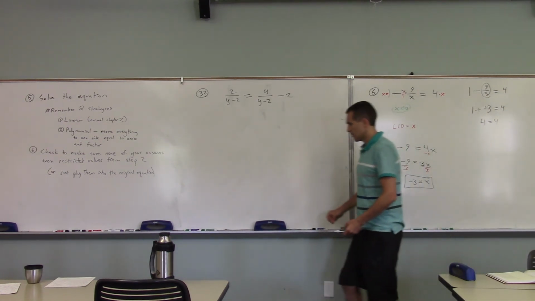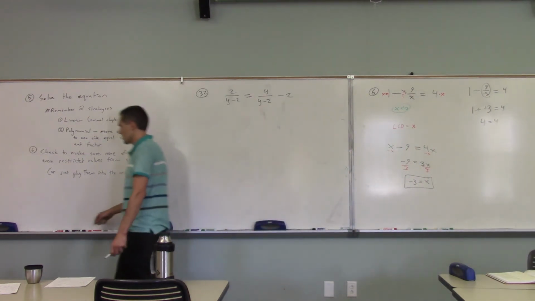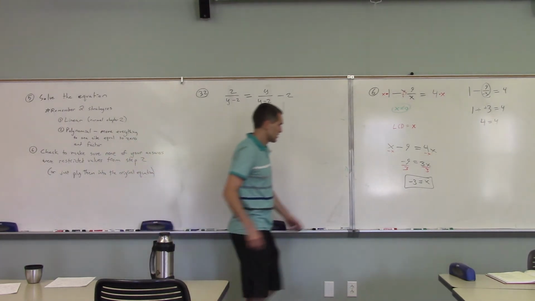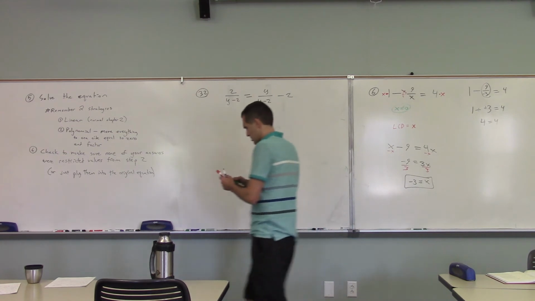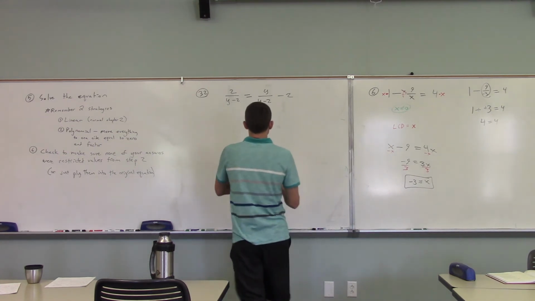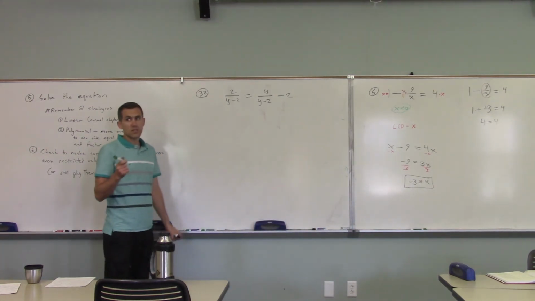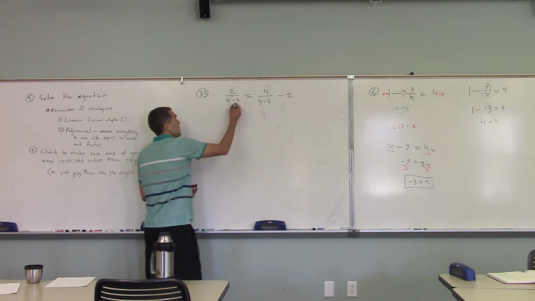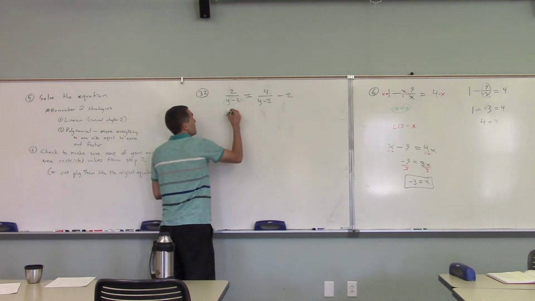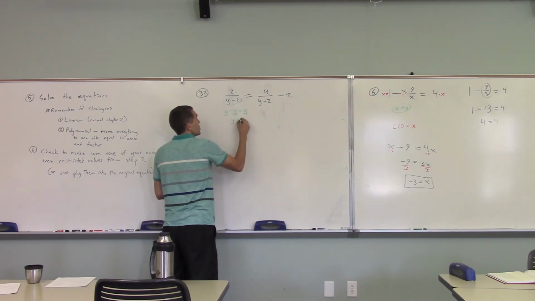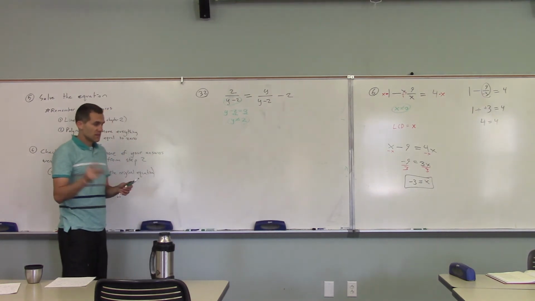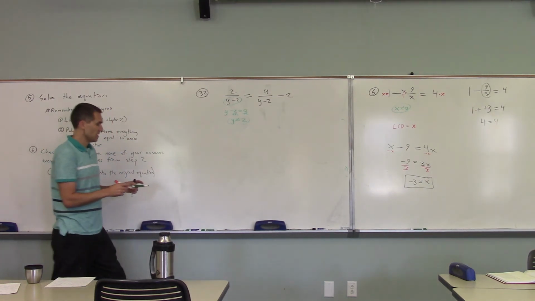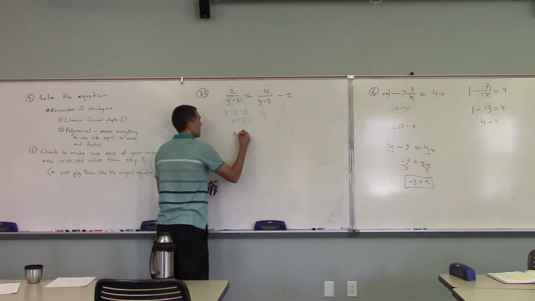First step, factor the bottom, done. Second step, restricted values. Right away we say y minus 2 equals 0, that would be when y is 2. So we'd say y cannot be 2 right away. Okay, we did that. And now what's the LCD? Y minus 2. That's it.